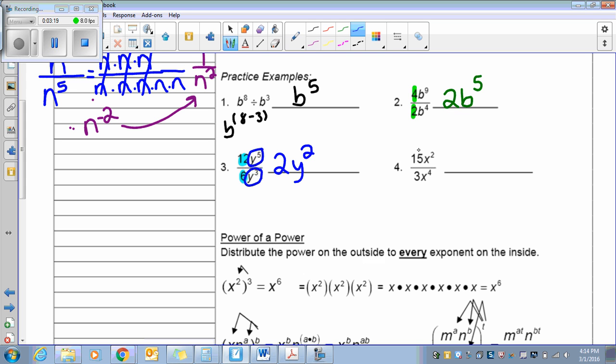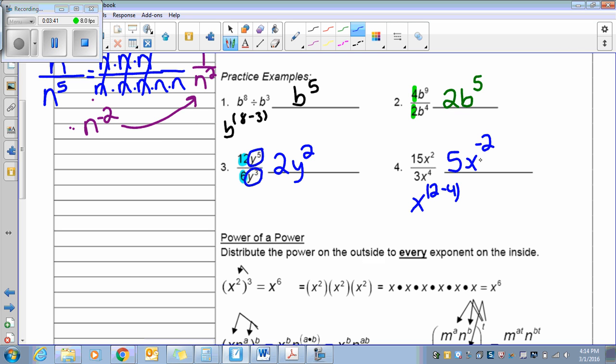All right, the last one, we have 15 divided by 3, which will give us 5. And then we have x to the 2nd divided by x to the 4th. So 2 minus 4 would give us x to the negative 2nd.